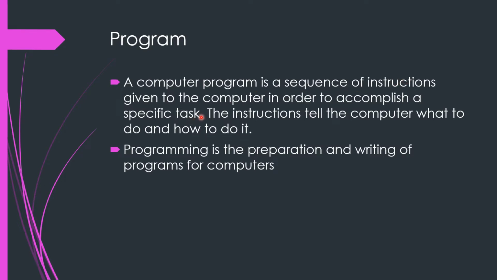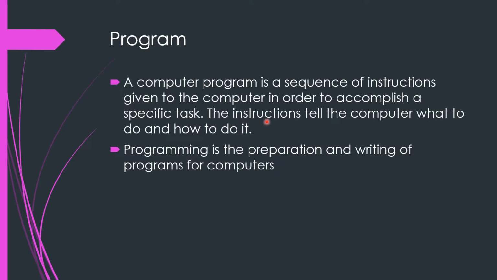So we execute the computer program and it is executed in the sequence of instructions that we have given to the computer in the form of the program. The instructions tell the computer what to do, means the instructions that we have given to the computer will tell the computer what it will do and how it will do that work.